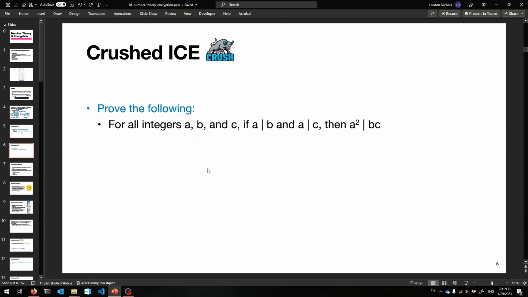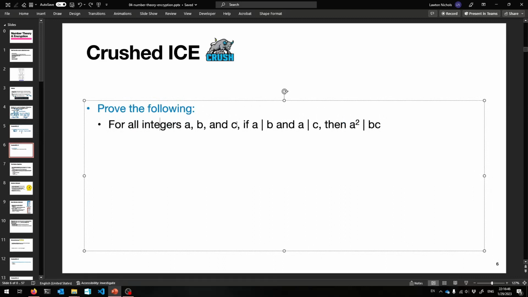All right. So with that in mind, let me give you something a bit more challenging. Here is a proof that I'd like you to try, and then I'll show you my way. So universal quantification. Assume you have these three integers, a, b, and c, they're whole numbers. If a divides b and a divides c, you can assume those, right? Direct proof.